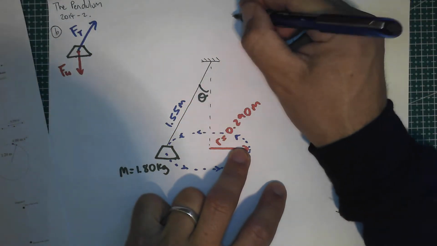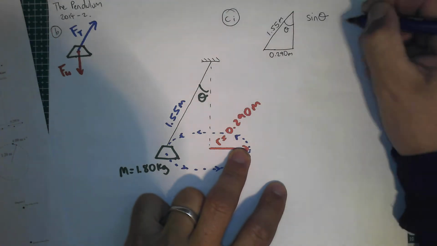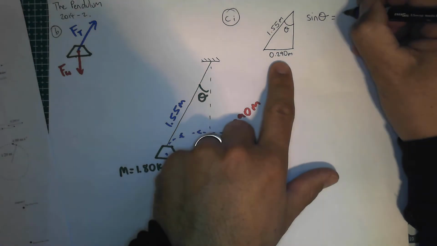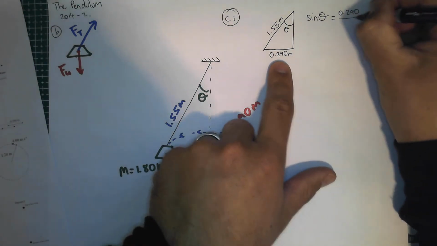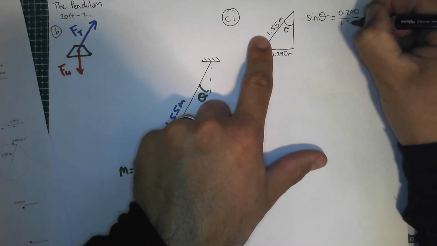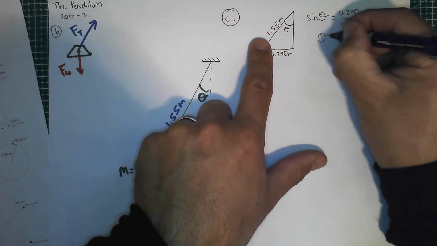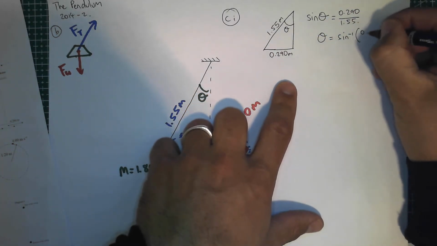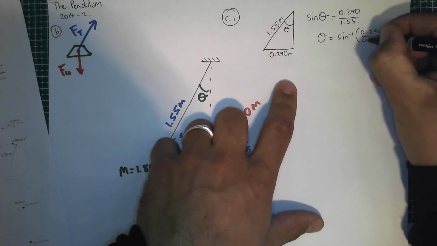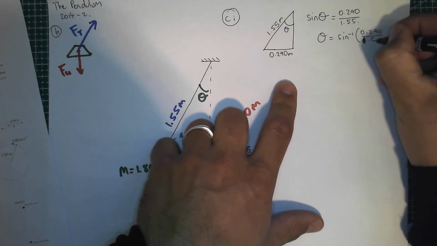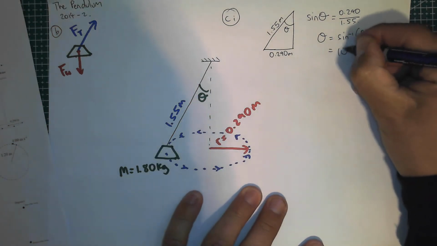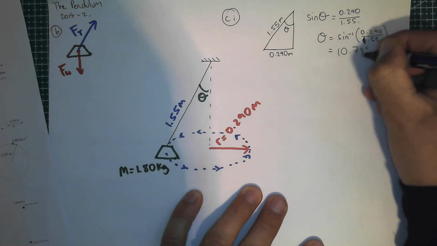This is question CI, by the way. Sine theta is equal to this here, 0.290, divided by the hypotenuse. And then we're solving for theta, so we need to do inverse sine of these two numbers here. And we solve and we get an angle of 10.78 degrees.